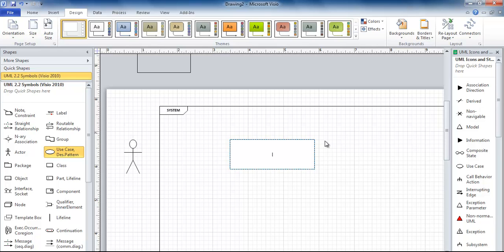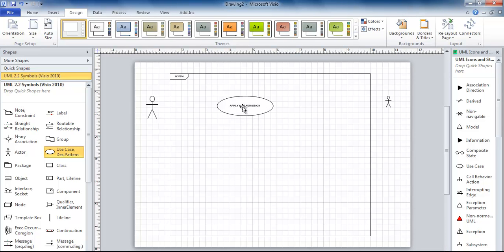Okay, let's say apply for admission. This is what the actor is going to do, apply for the admission, and we are going to have a system that may be what you call a school system.